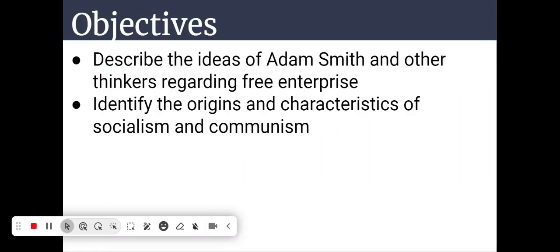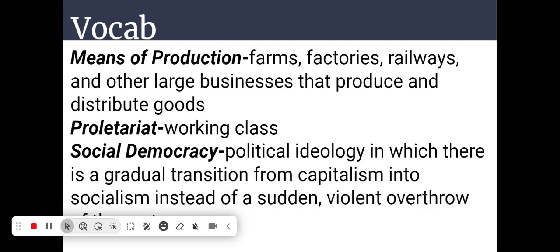So we're going to look at the ideas of free enterprise and socialism mostly. That's going to be the two that we are really going to focus on. So the vocab is going to have some new words that you have probably never run into before. The means of production, when we talk about the means of production, it means the things that make the stuff that we need to survive, or that makes society able to function.